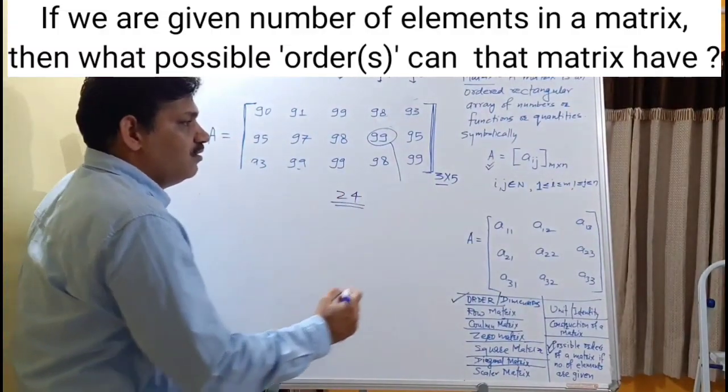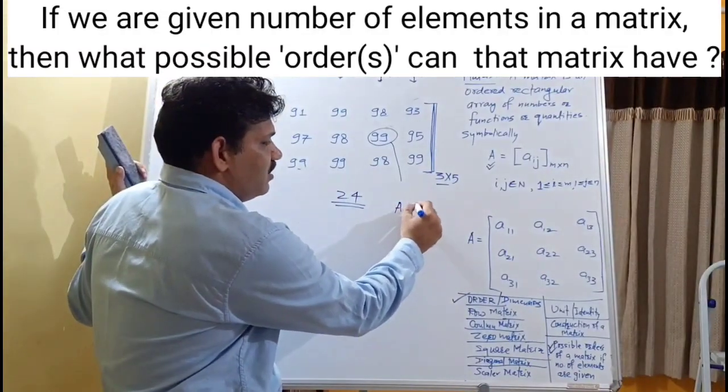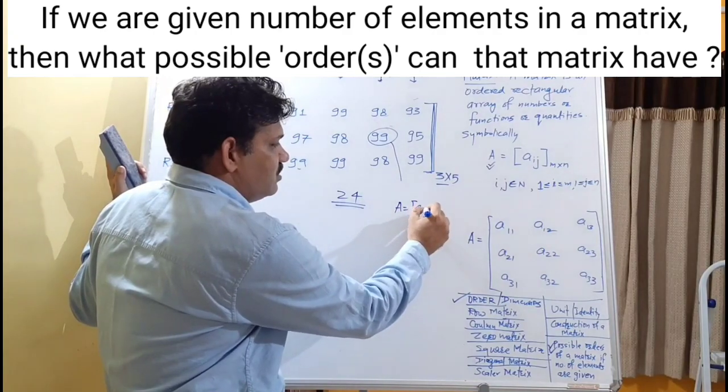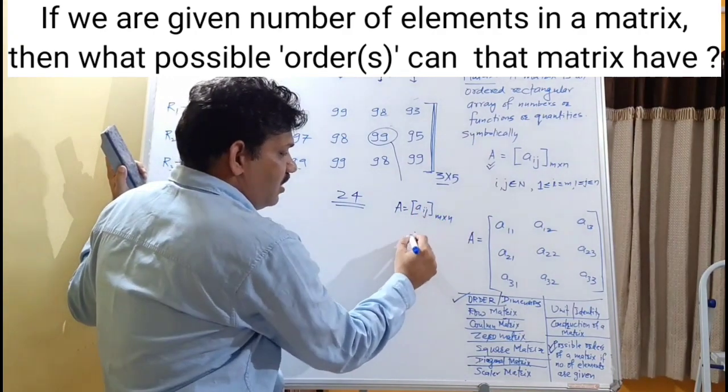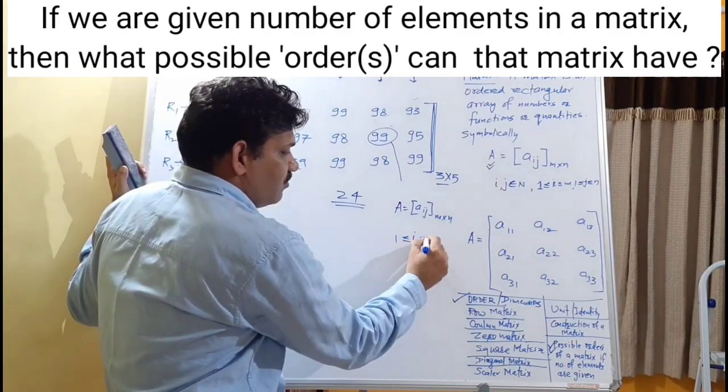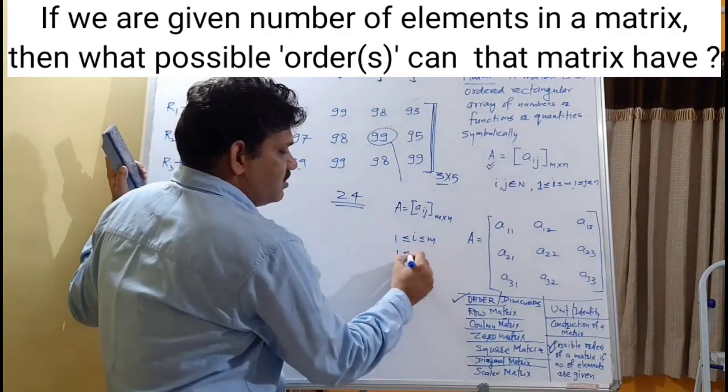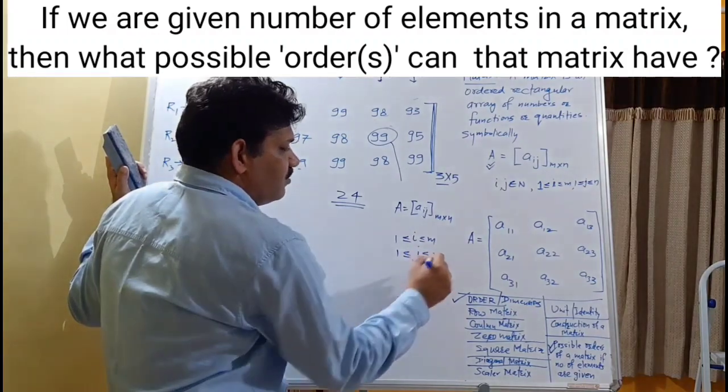Well, as we have defined a matrix as a_ij of order m by n, i takes the value 1 to m and j takes the value 1 to n.